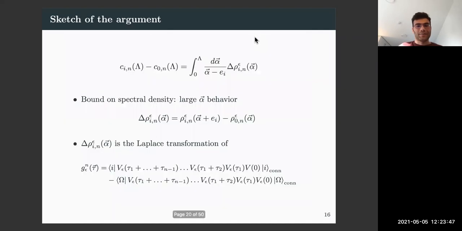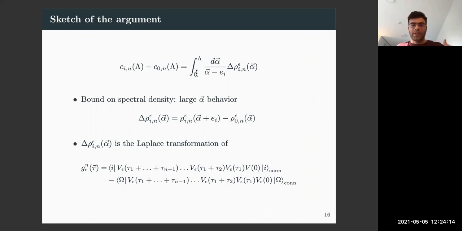Okay, let me go back to the main problem. We were subtracting two different energies. I will rewrite those formulas in terms of the vacuum perturbative coefficient at nth order and the one we want to look at, the excited state.